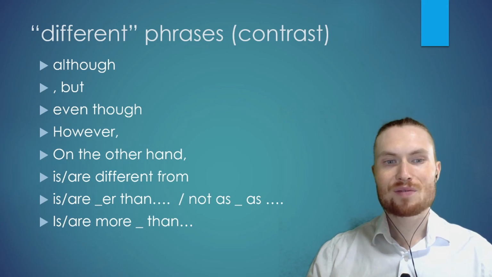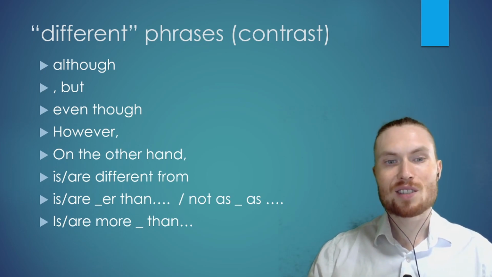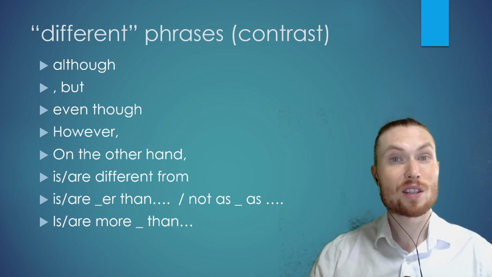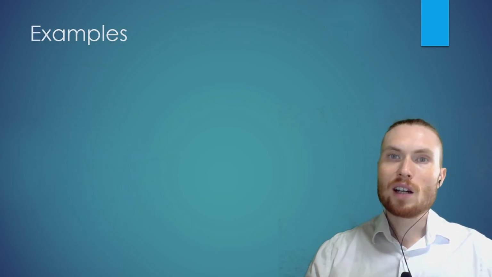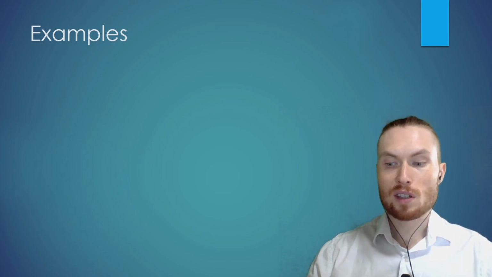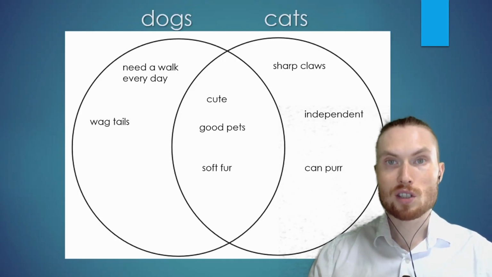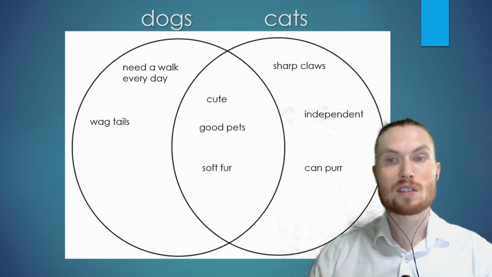For example, it's taller than, or not as tall as, more expensive than. Okay, now let's make some example sentences using this information and using those phrases I gave as examples.